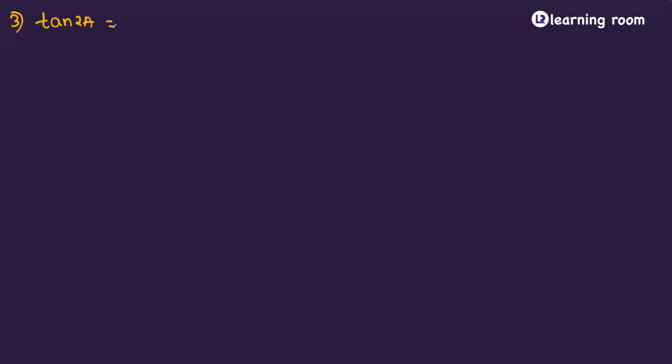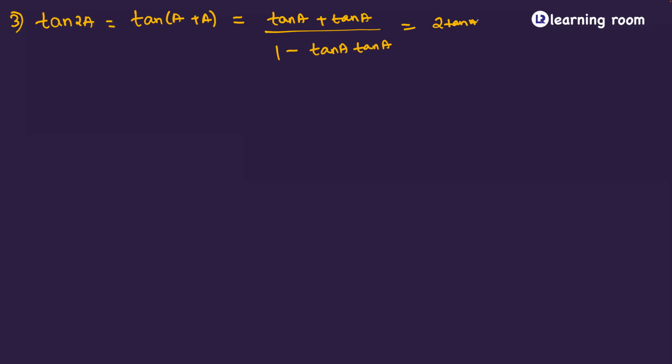tan 2a. This can be written as tan of a plus a, right? So this will be equal to tan a plus tan a by 1 minus tan a into tan a. So tan a plus tan a is going to give you 2 tan a by 1 minus tan square a.